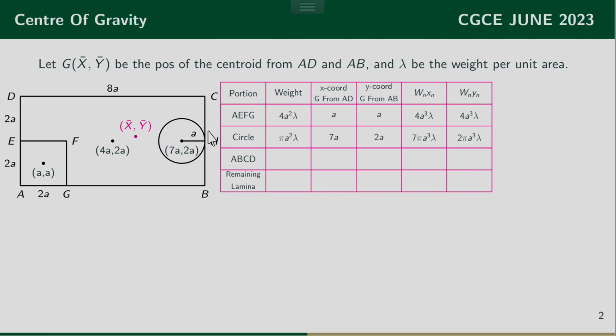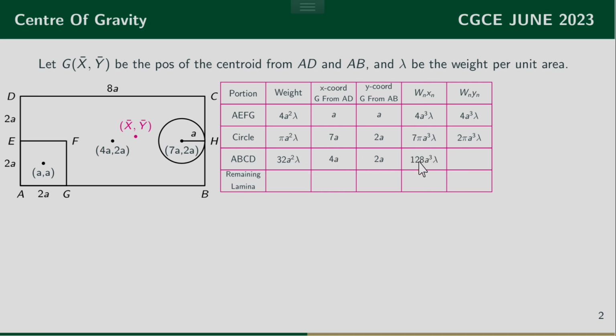Then moving on now to the whole lamina, when these two shapes have not yet been removed. So the weight will be the area 8a times 4a, that is 32a squared lambda. And the x coordinate, of course, was 4a, y coordinate 2a. So the moment of the whole lamina from the side AD will be the product of the weight by the x coordinate.